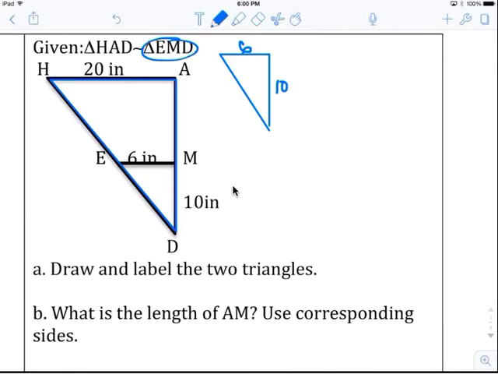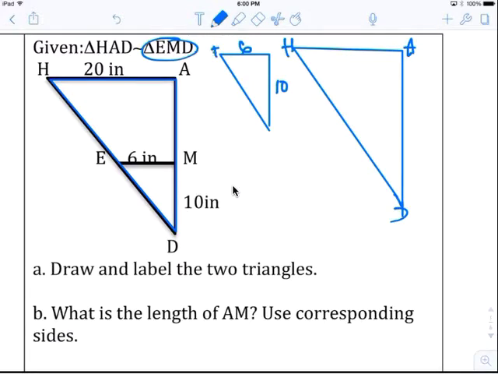Okay, so that triangle, that, and okay, let's make that straighter. Okay, it's HAD. That was EMD.